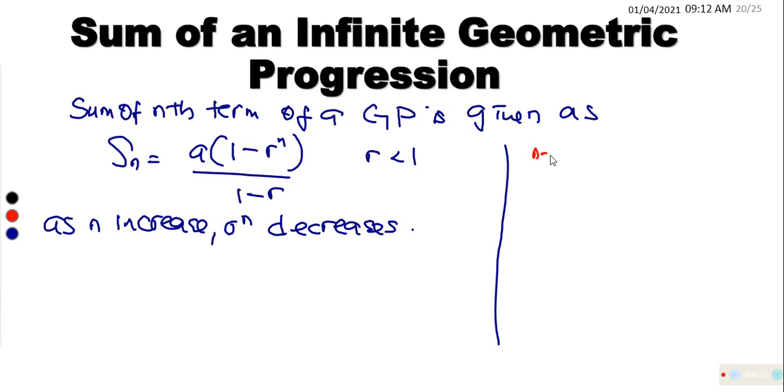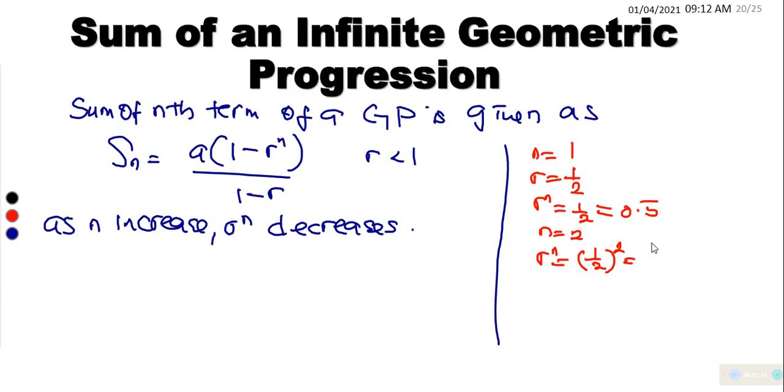If your n is 1, and let's say r is 1 over 2, so r to the n here will be 1 over 2, which is 0.5. If your n becomes 2, r to the n will be 1 over 2 raised to power 2, which is 1 over 4, which is 0.25. And of course, you can see that 0.5 is greater than 0.25, so r to the n is decreasing.